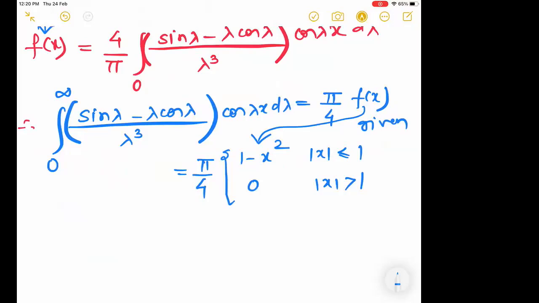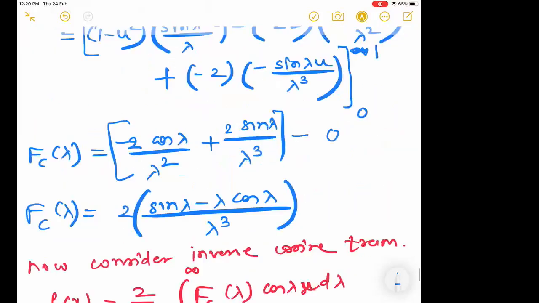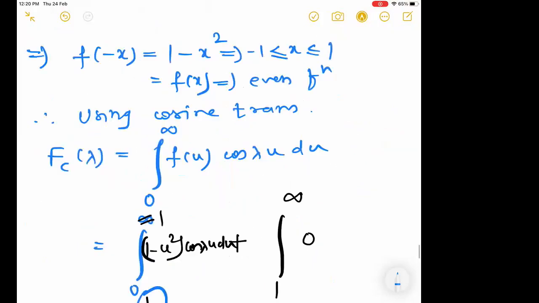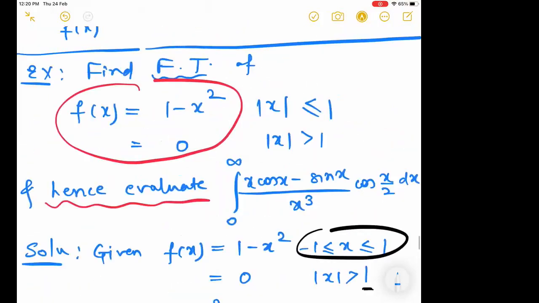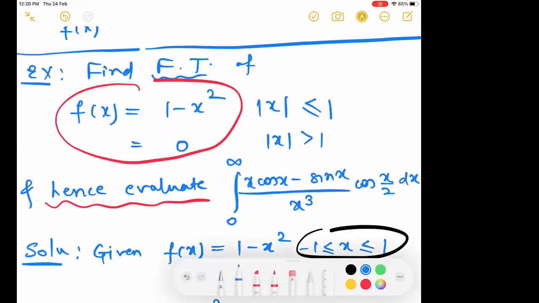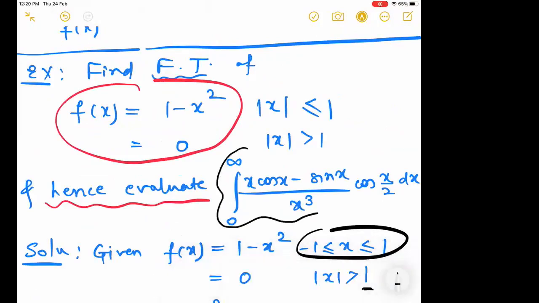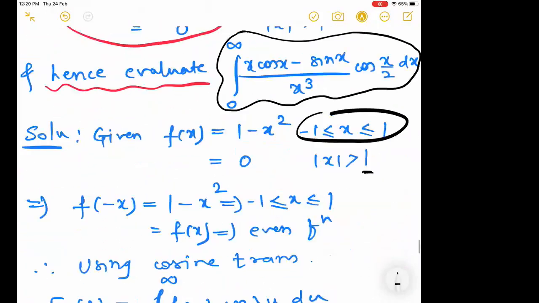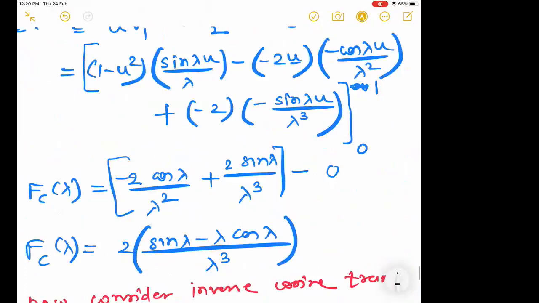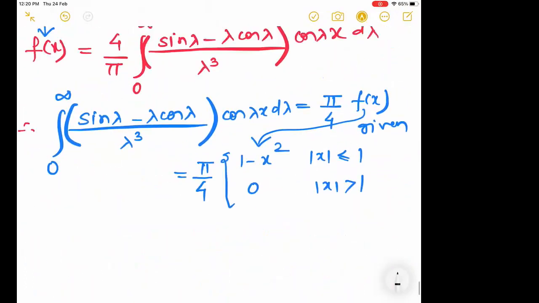Okay, pi by 4 into this thing. Now, as we require the answer, accordingly we can put the value for this x. Let's see what is the expression required. Required expression is x cos x minus sin x upon x cube into cos of x by 2. But here in this case, we are getting lambda cos lambda, sin lambda upon lambda cube.